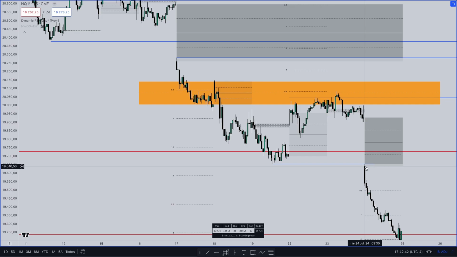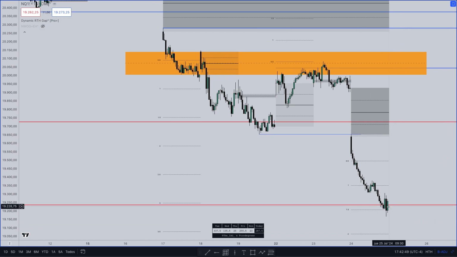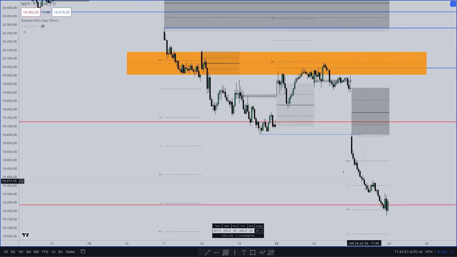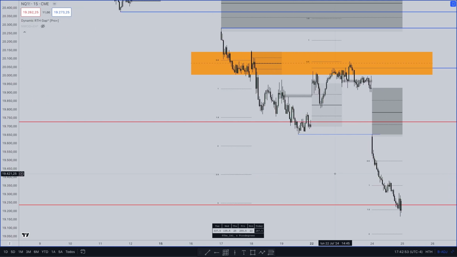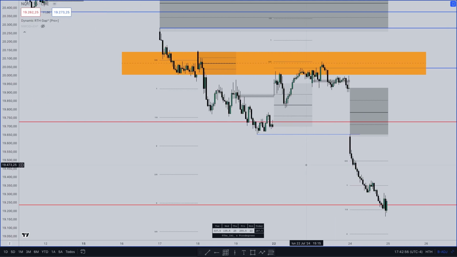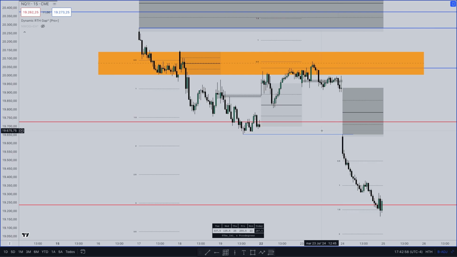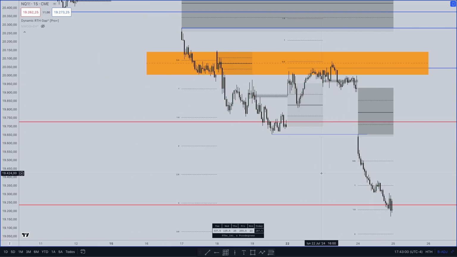Literally we open, touch the low of Friday's price action, and price melts down to these levels. So yes, this is how I see these moves.